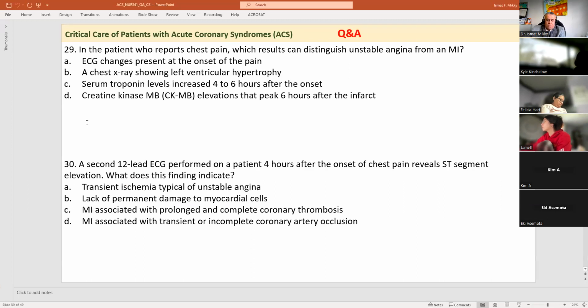In a patient who reports chest pain, which result can distinguish unstable angina from myocardial infarction? So unstable angina and acute MI. What distinguishes between these two?